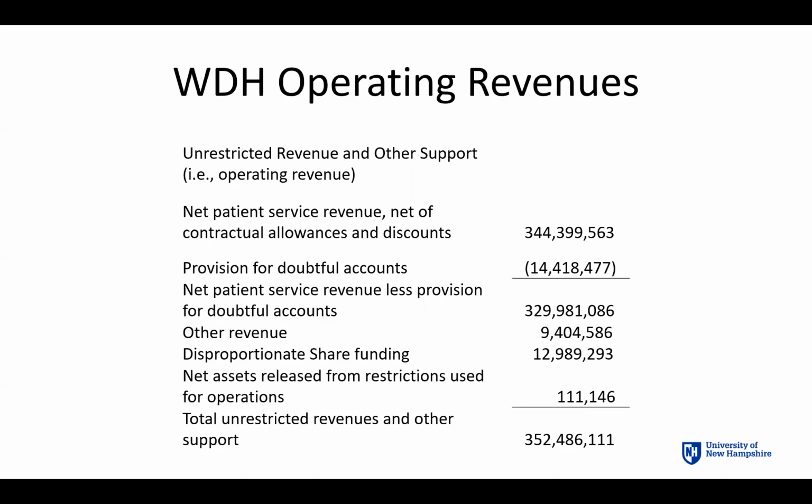Now remember, when we go back up to that top line, that second line, provision for doubtful accounts, that's not an expense. We're going to talk about expenses in a minute, okay? That is not an expense. A lot of students get confused. They say, okay, they had a provision for doubtful accounts, and that's a negative, so that must be an expense.